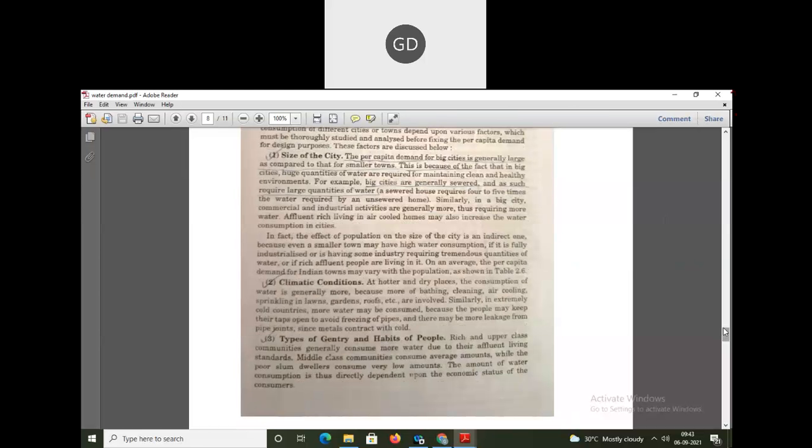The middle class families or communities will consume water moderately. And when people are poor, or are slum dwellers, they will obviously use water very appropriately. So these habits of the people affect how much water you are using. That is also a factor.